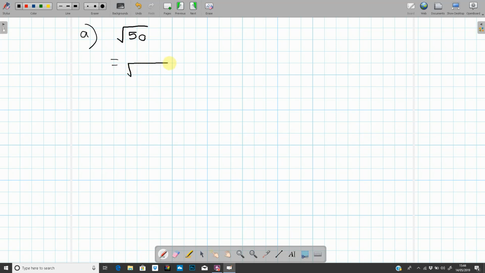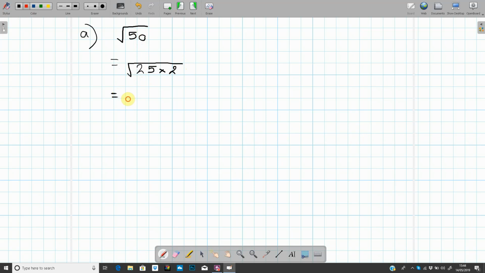So, underneath, we'll draw a large square root sign and we'll say, right, what two numbers will multiply to give you 50? Well, in this case, we'll try 25 times 2. Now, what you have to do is break these individually.